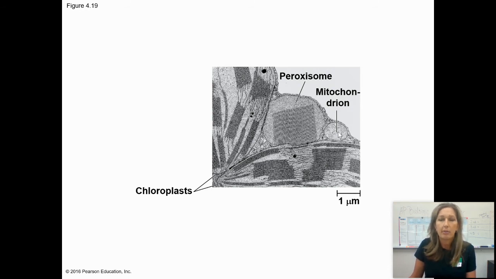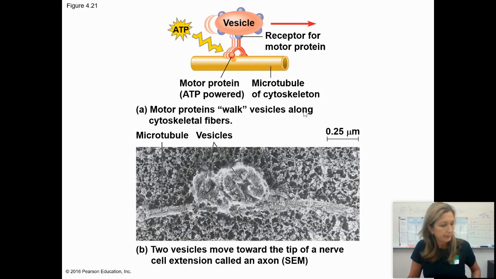Why they're next to the mitochondria and chloroplast is we use a lot of free protons, and we'll talk about that again when we talk about respiration and photosynthesis. But some of the excess protons end up forming peroxide with water. And so peroxisomes are essential for breaking that peroxide down into water and oxygen and making sure we're detoxifying the cell. So that's its job.